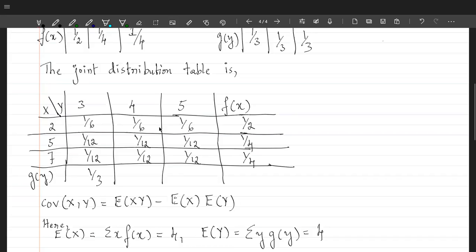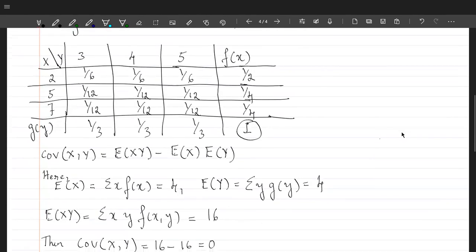And here if you calculate the value again, you get 1 by 3. And if you calculate the value here, obviously we'll be getting 1 by 3 again. Now you can see that if you add these 3 entries here, or if you add these 3 entries here, the sum will definitely be equal to 1.